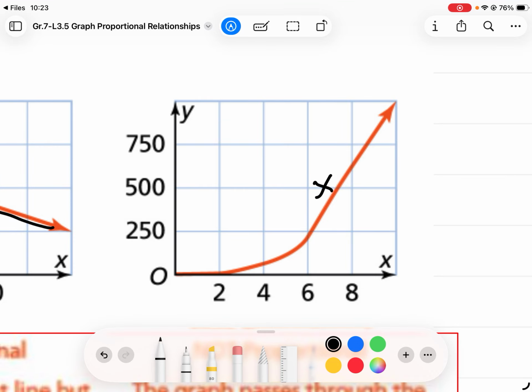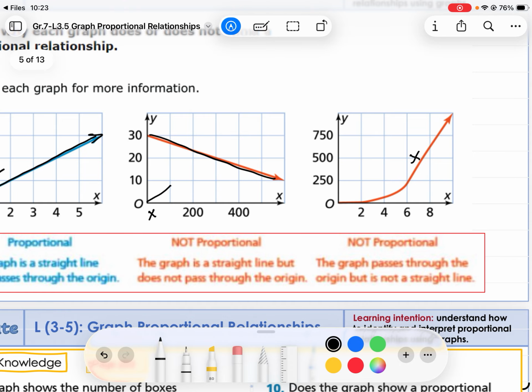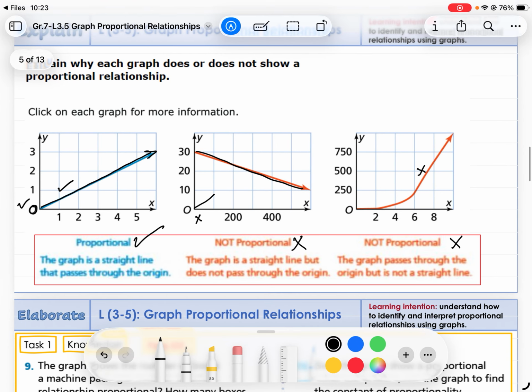It passes through the origin, but it's not a straight line, so it's not proportional. So you really should know what makes a graph proportional: 2 conditions, a straight line passing through the origin. Please memorize these 2 conditions by heart.